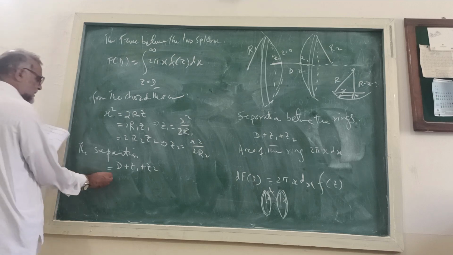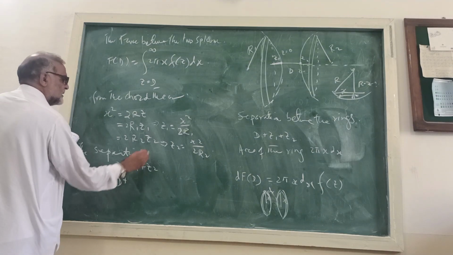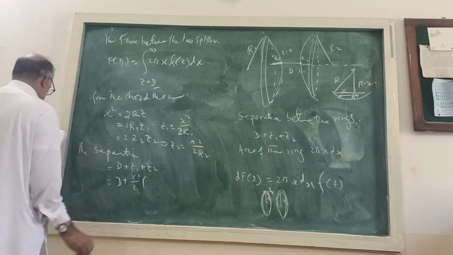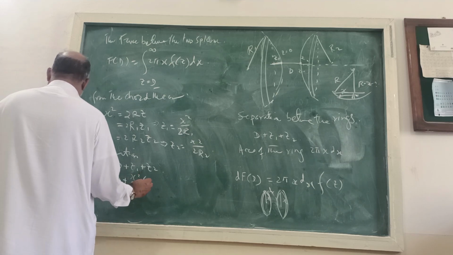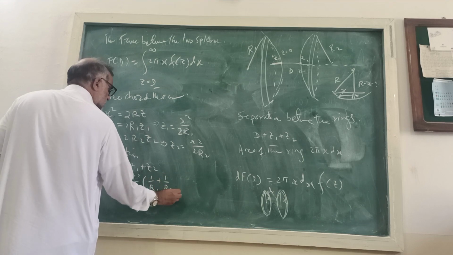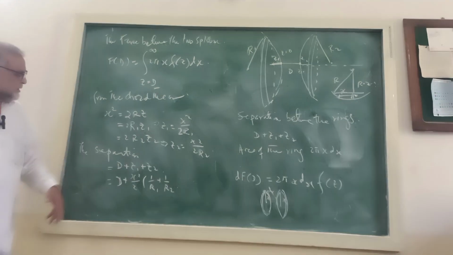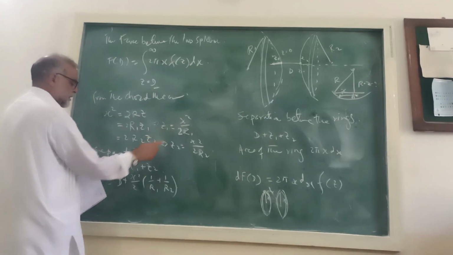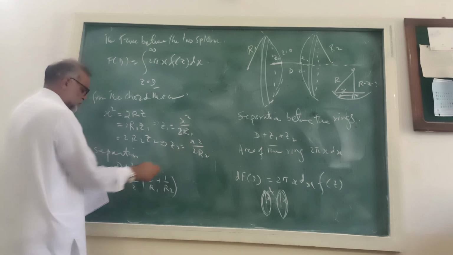And I can write this as d plus x squared divided by 2 times 1 over r1 plus 1 over r2.